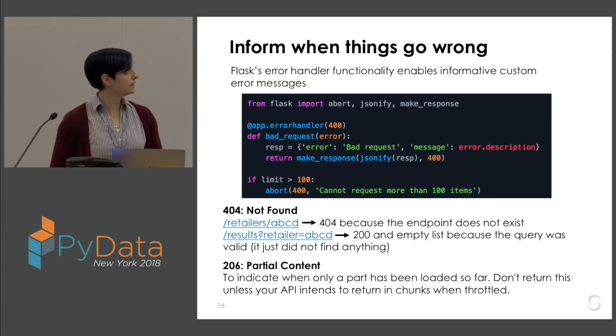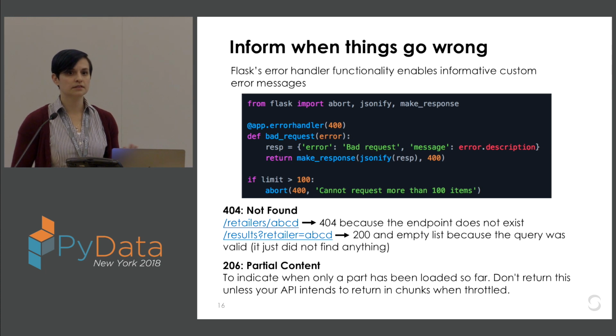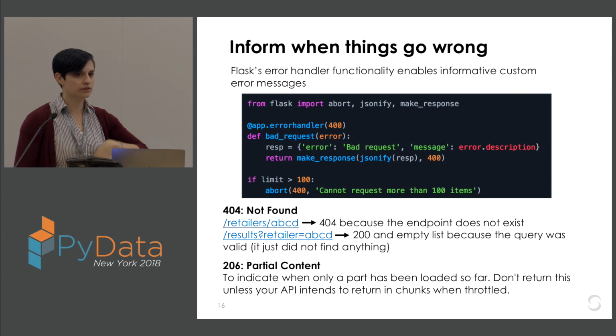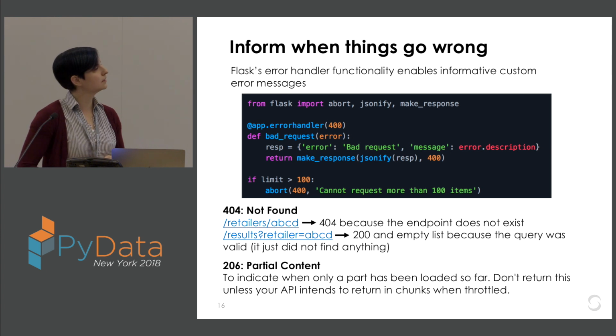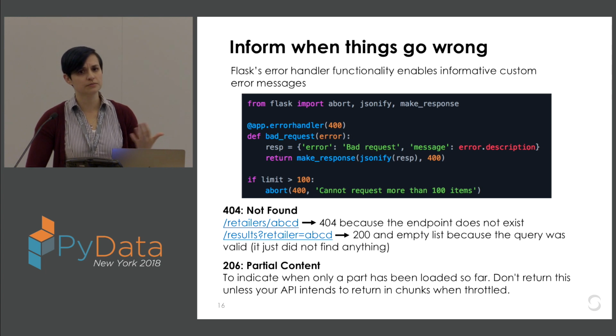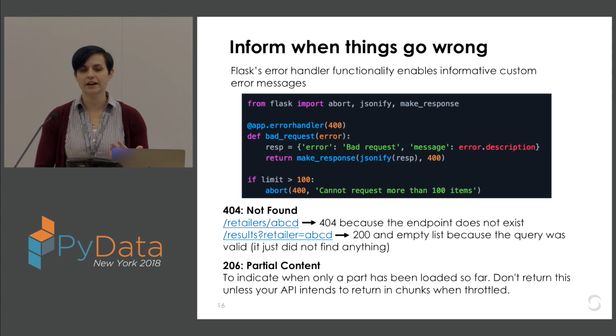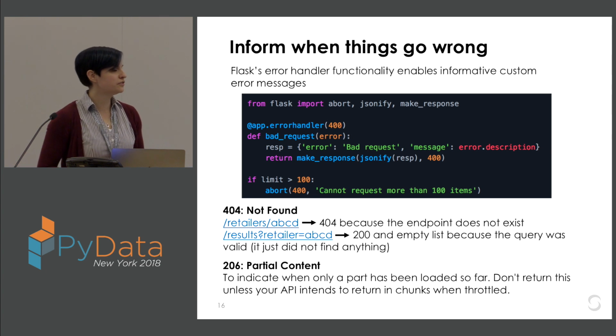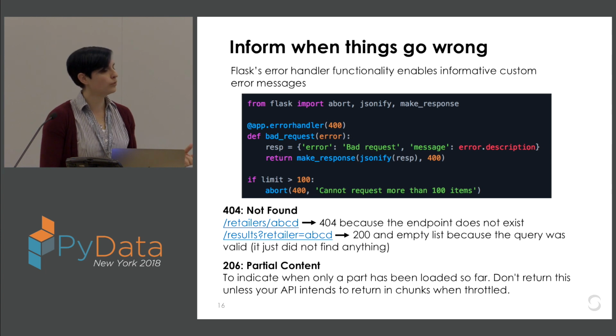So what you can do is just define a bad request function like this that takes in the error, and it looks at the error description, and it just returns that to the user in the response. So what this will do is, let's say someone tries to request more than 100 items, and I've decided that that's not OK. If limit is greater than 100, I'm going to use the Flask abort function with a 400.